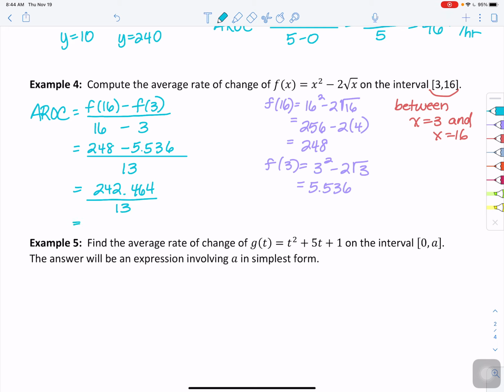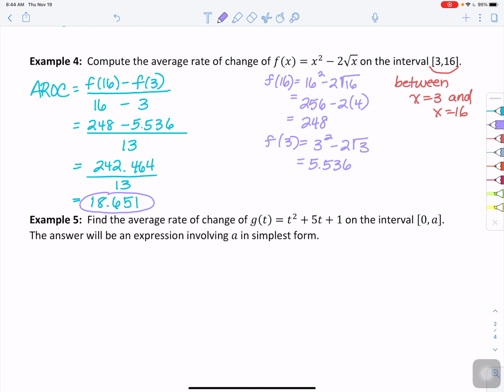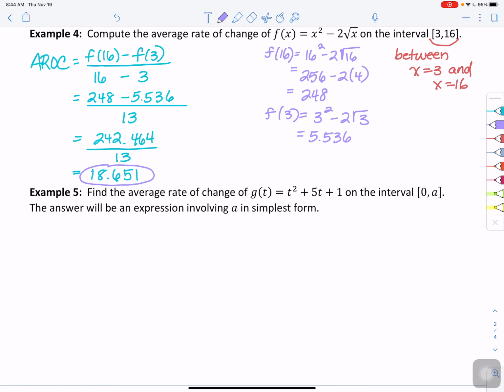And we end up with 18.651. And that's our answer. We didn't have any units on that, so we just leave it like that.